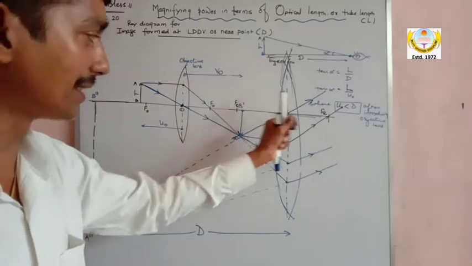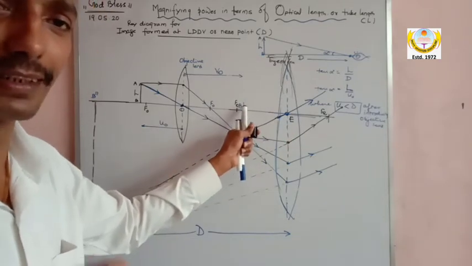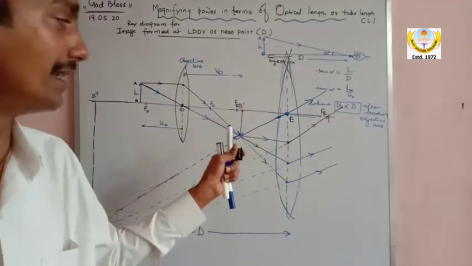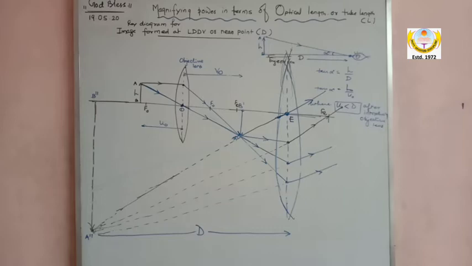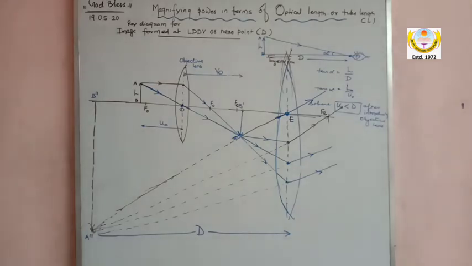This eyepiece is so adjusted that this first image A' B' lies within the focal plane of the eyepiece, and this will be possible.